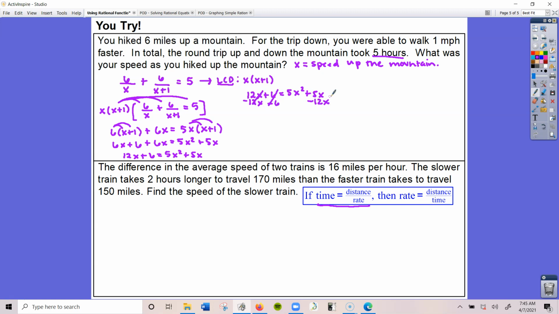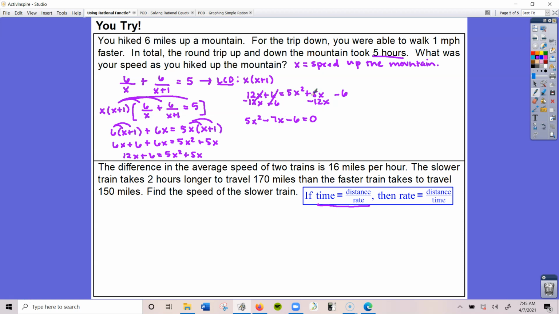Subtract the 6. So we get the quadratic 5x squared minus 7x minus 6 is equal to 0.